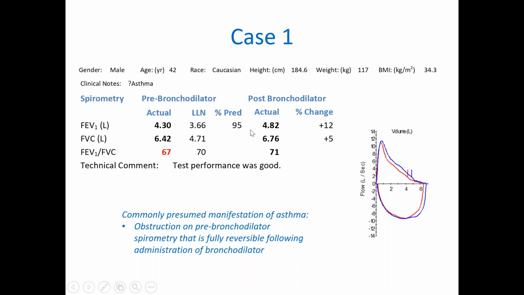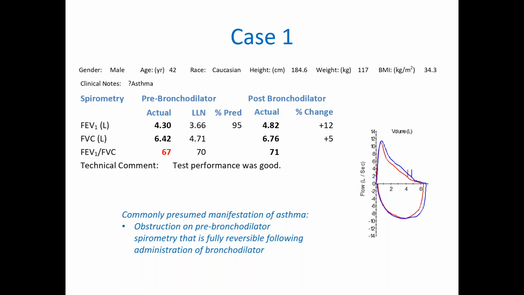The third column across tells us the percent predicted of FEV1, which can be useful when we see obstruction in describing the severity of obstruction. I'm not going to speak about that today for the sake of time, but it's just there for completeness. And then we have our post-bronchodilator results, and the final column tells us the change between the baseline results or pre-bronchodilator results and the post-bronchodilator results, which helps us to assess for reversibility as a result of bronchodilator.